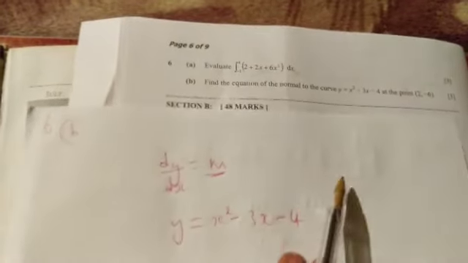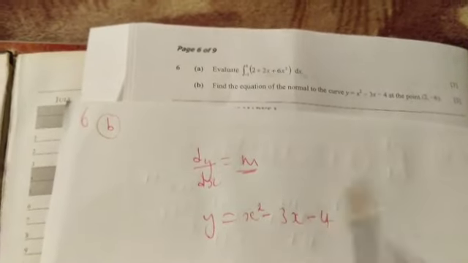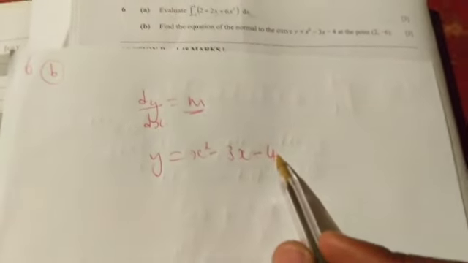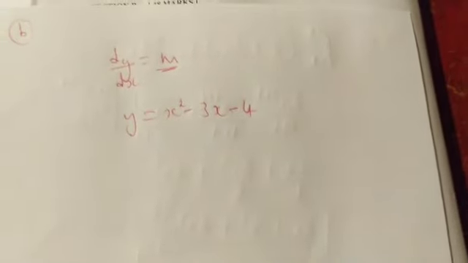We all know that in differentiation, the constant number turns into a 0. It's different from integration. In integration, the constant has a variable, but in differentiating, the constant turns into a 0.